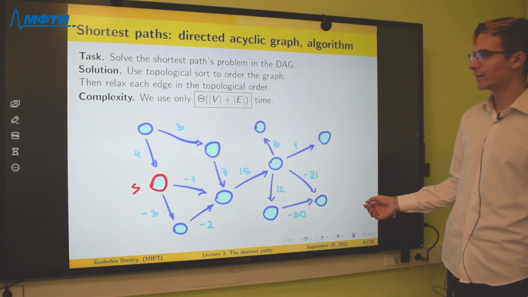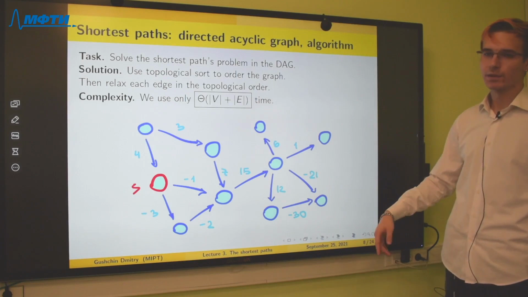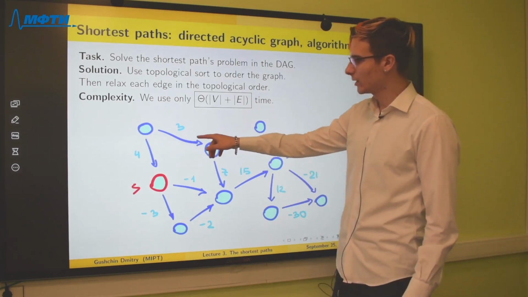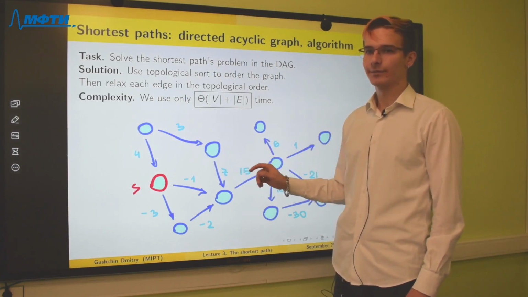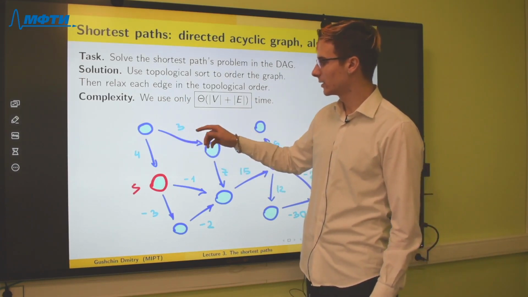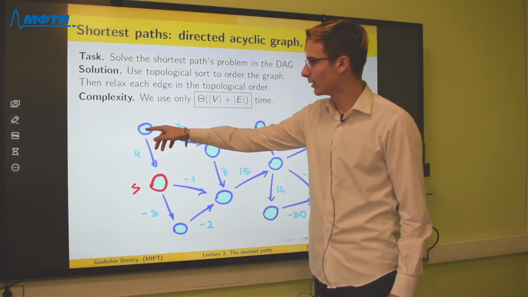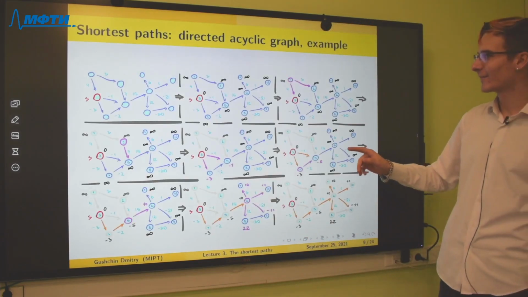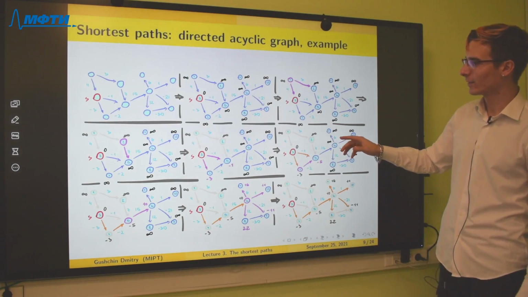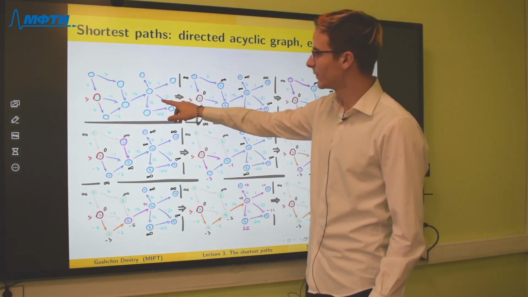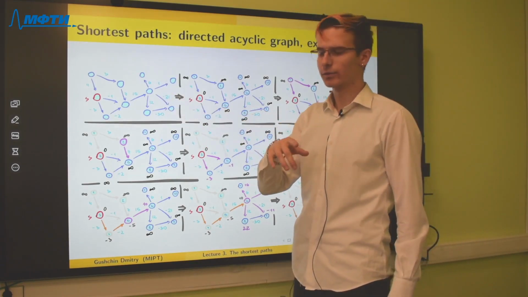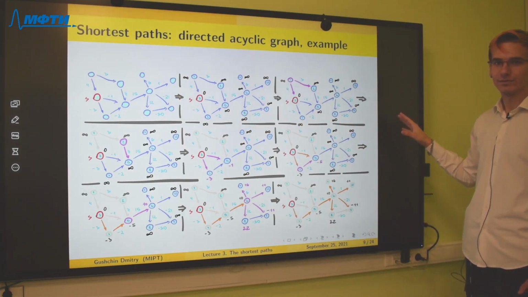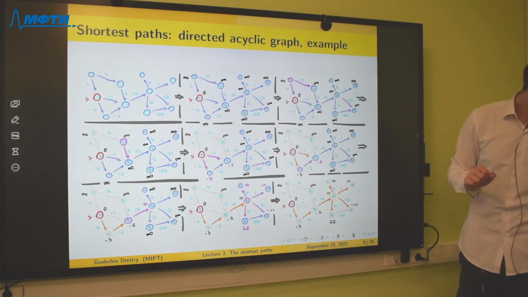And every time we repeat the relaxation operation for each edge incident to our vertex. You can see it. For example, I use topological sort. Do you see the slide? Yes.